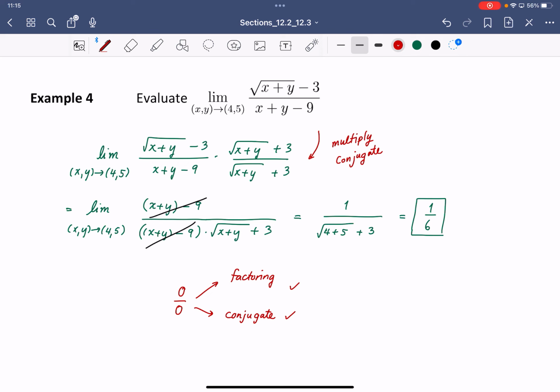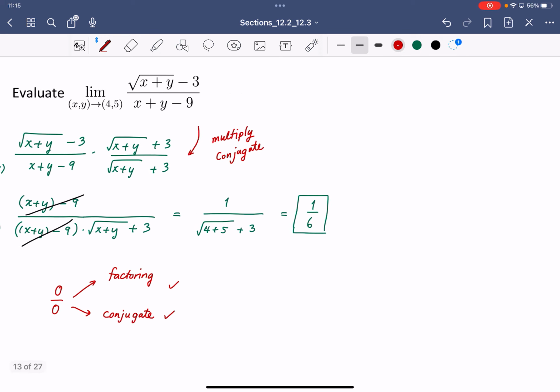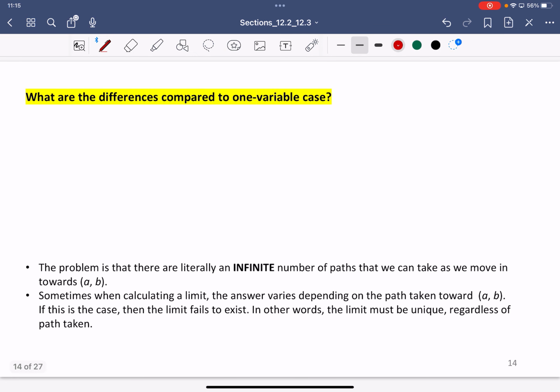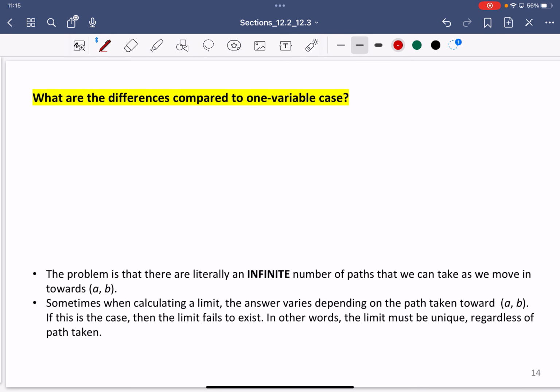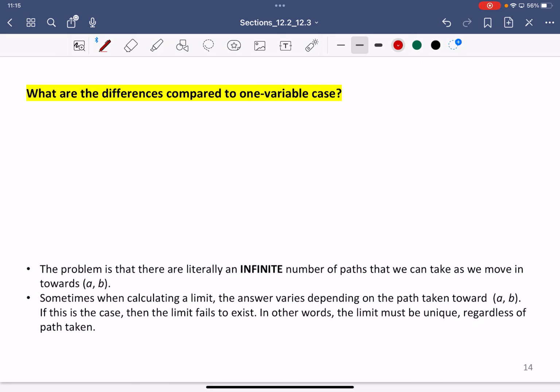Factoring and conjugate seem to be super simple and easy for you because you already learned them in calculus 1. Let's see what the differences are compared to the one variable case. Why is it so hard in 2 dimensions?